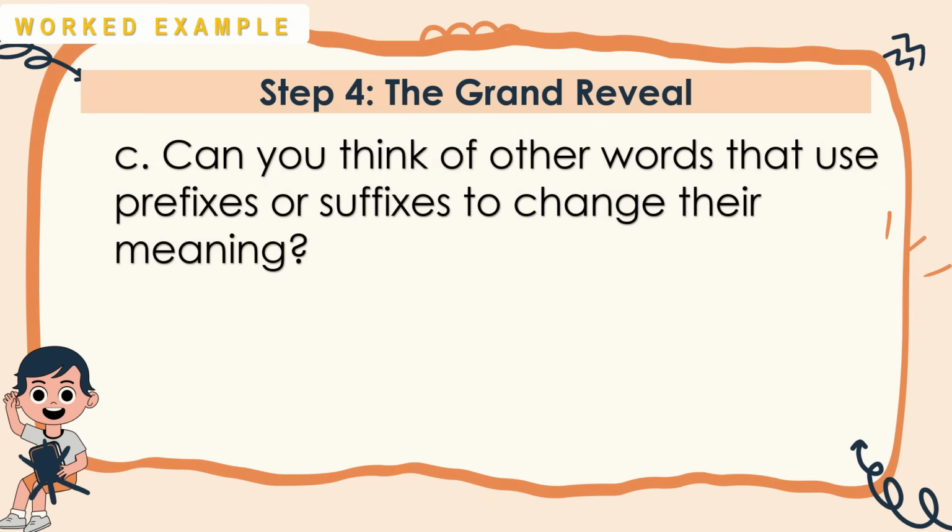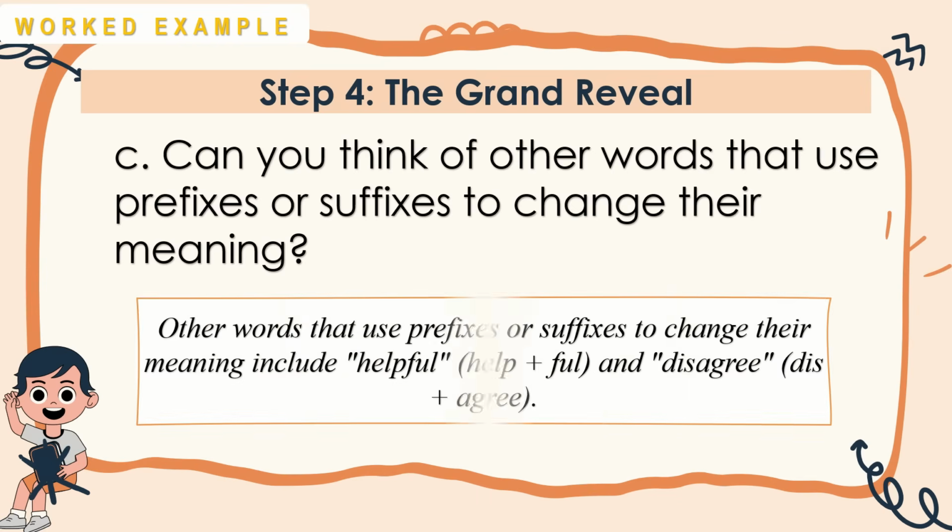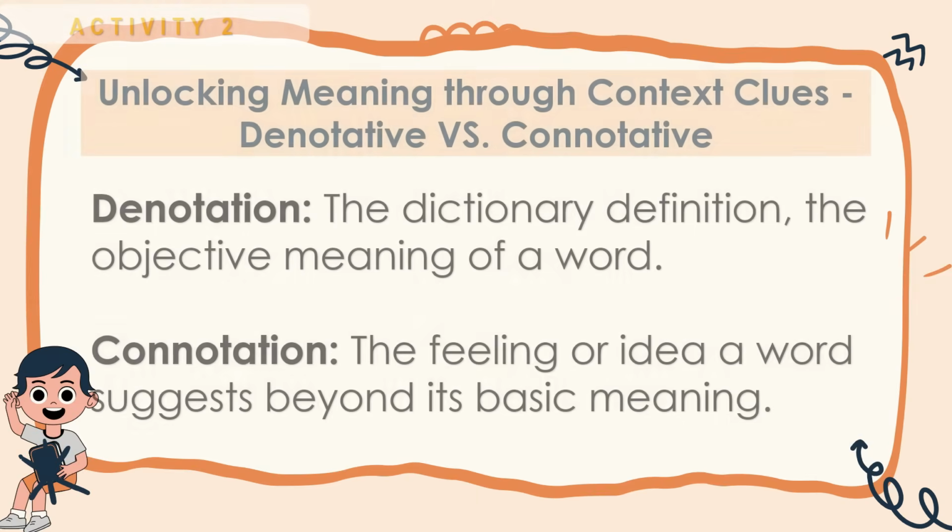Can you think of other words that use prefixes or suffixes to change their meaning? You're right. Other words that use prefixes or suffixes to change their meaning include helpful, help plus full, and disagree, dis plus agree.